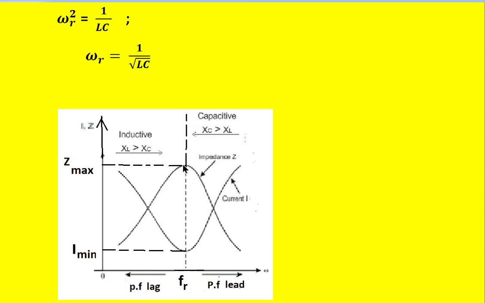Here, coming to the impedance, at the lower frequency, less than resonance frequency, the impedance is low, then gradually increases. At the resonance frequency, the impedance reaches its maximum value. Then after resonance frequency, the impedance starts reducing.